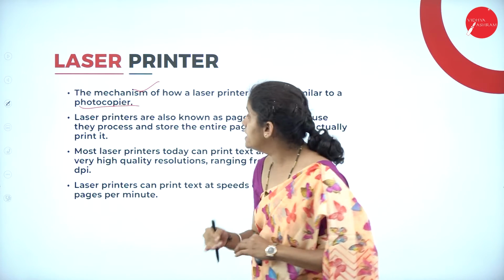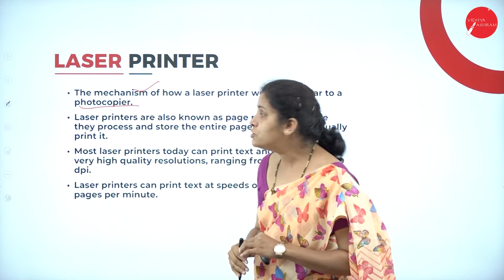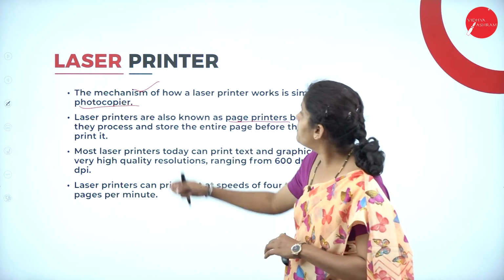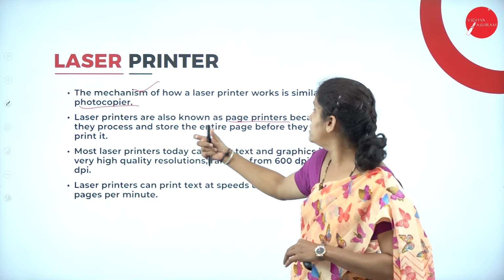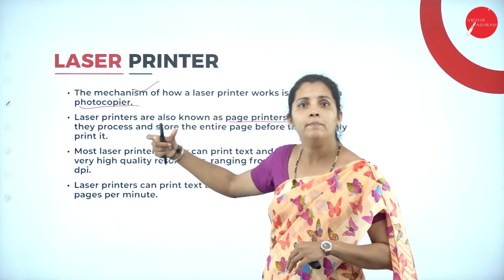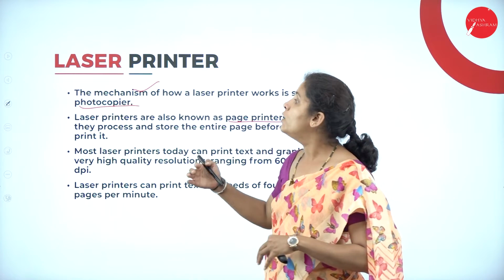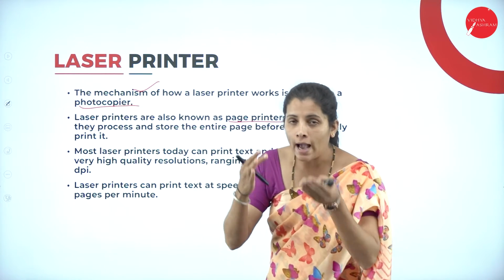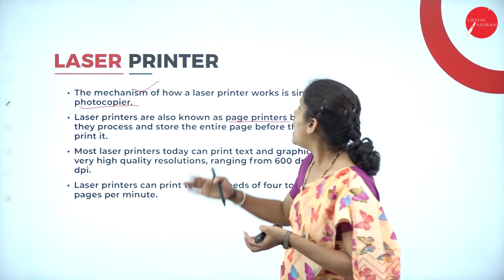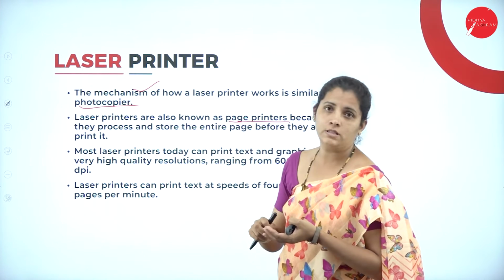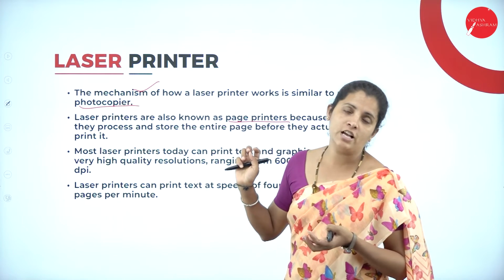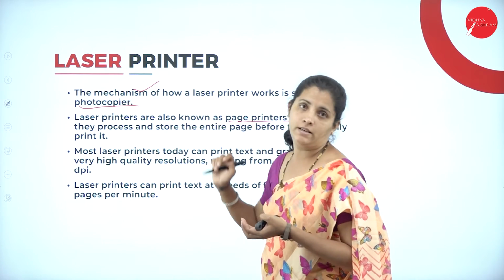Dear students, the laser printer is also called page printer because it processes and stores the entire page before it actually prints it. Whatever page you have is stored in the buffer and processed.